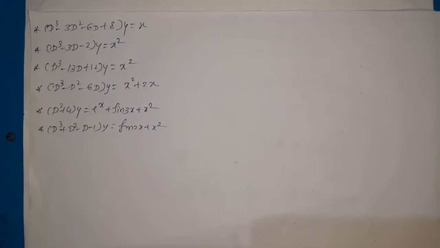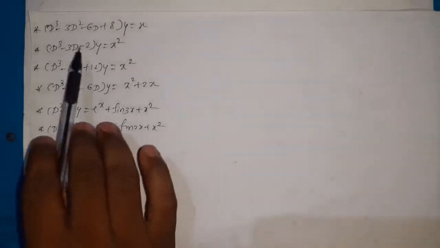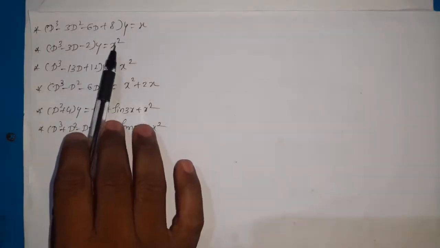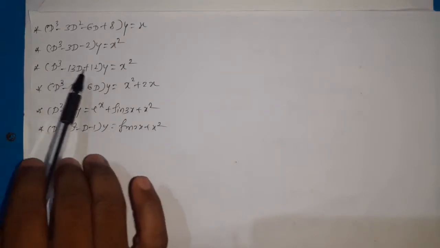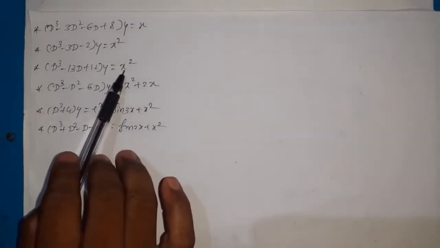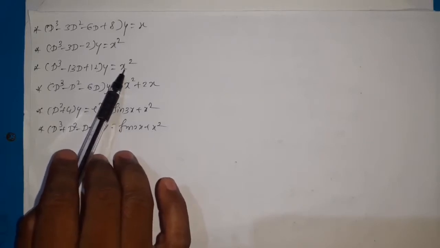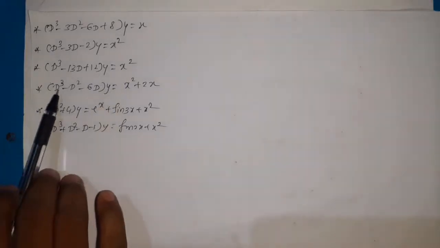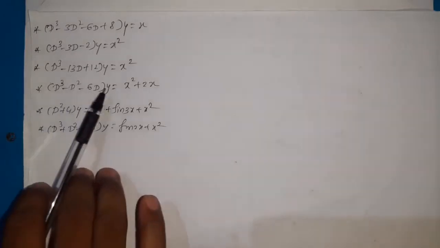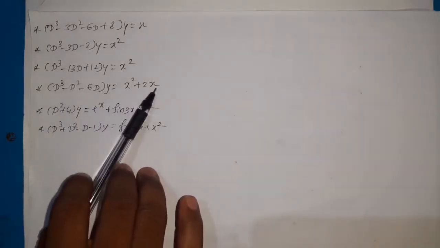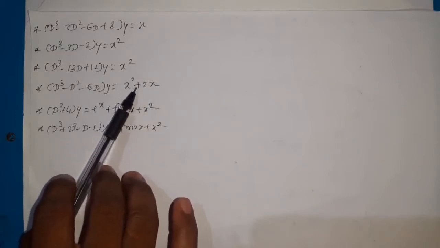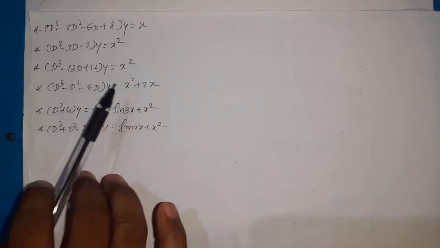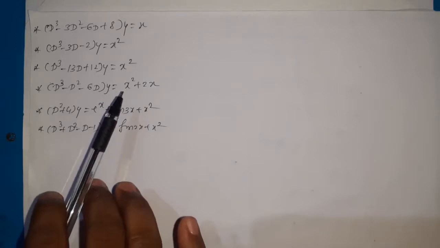The second example is (D³ − 3D − 2) y = x². The highest power is 2, so you can consider D and D². Then (D³ − 13D + 12) y = x², here also D and D². Then (D³ − D² − 6D) y = x² + 2x. Here the function consists of two terms, but both are of the same type, so there is no need to separate the denominator.